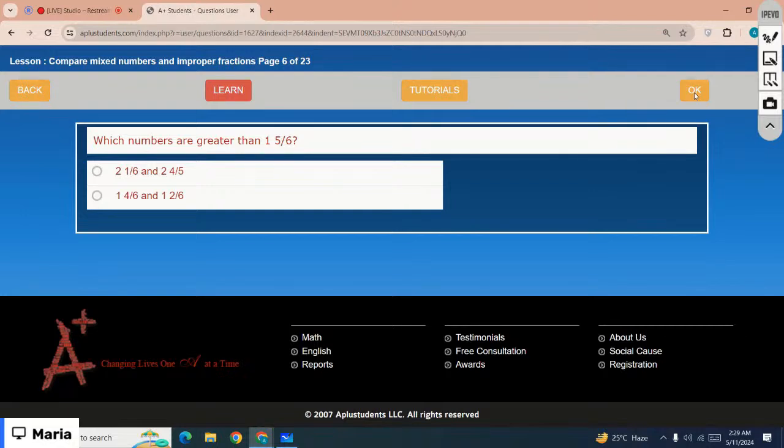Which number is greater than 1 whole 5 over 6? So, which is the correct option?